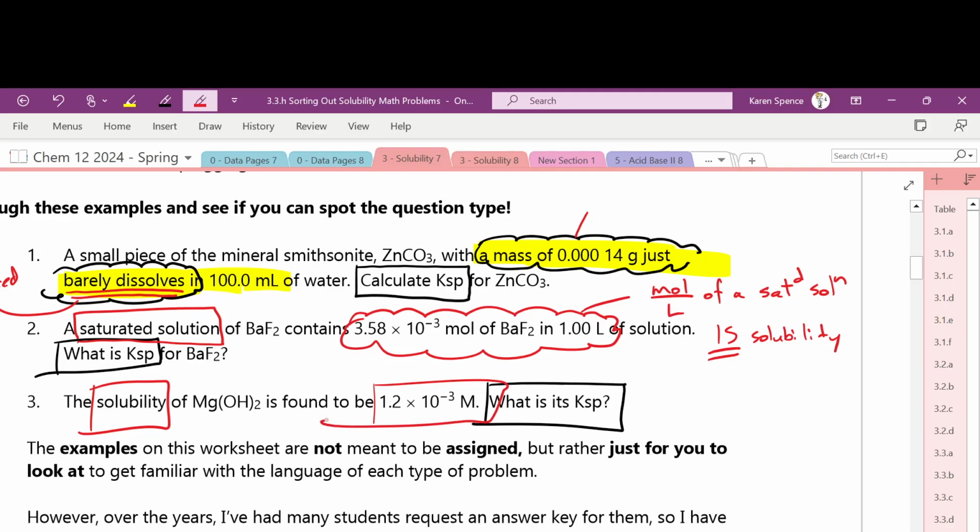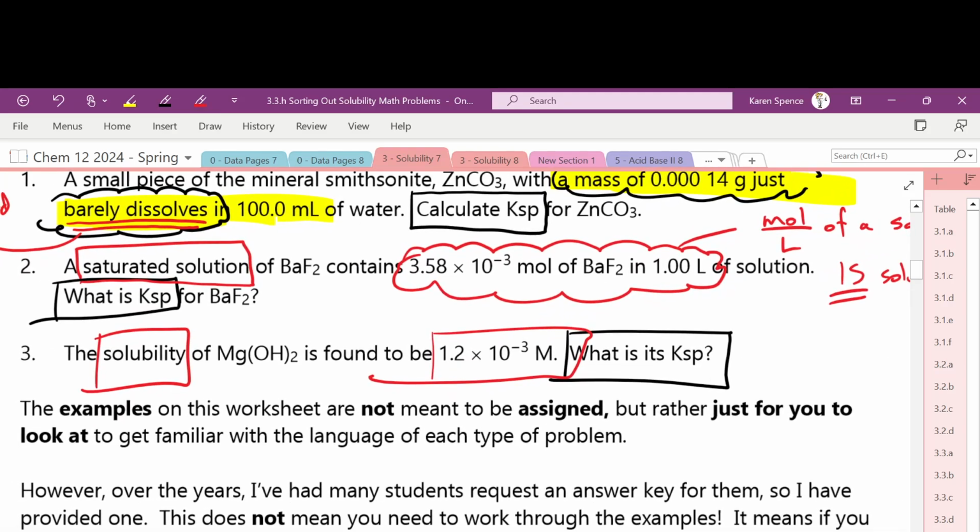Now, these examples on this worksheet were not ever meant to be assigned as problems, but rather just for you to get familiar with the type of language of each problem. However, over the years, I've had so many students do the problems and request an answer key, so I have provided them. That does not mean you need to do these examples if you don't want to.